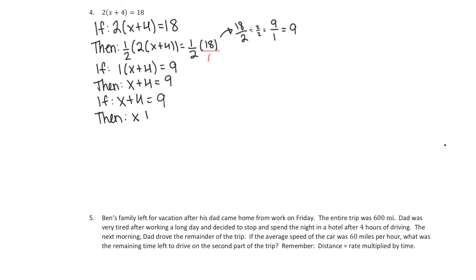So I have x plus 4 minus 4 equals 9 minus 4. If x plus 0 equals 5, then I know that x equals 5.